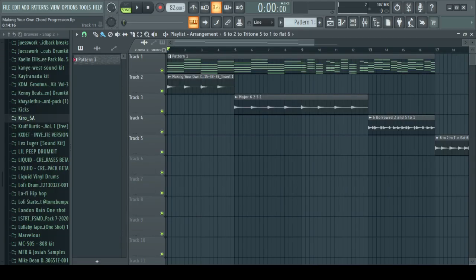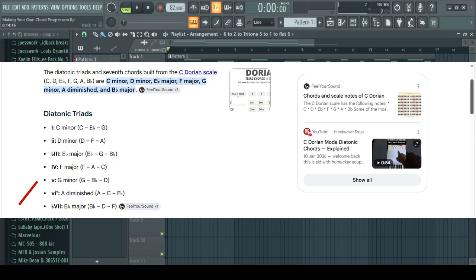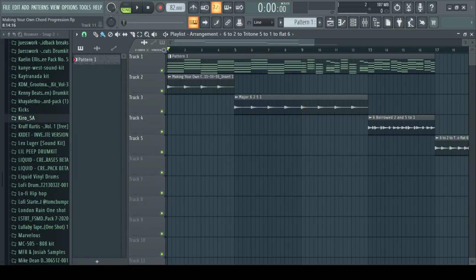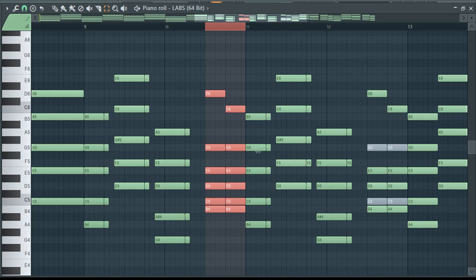I also borrowed the 5 chord from C Dorian, which is the minor 5 chord. And the 1 chord is still the 1 chord, but the difference now is I arranged the notes so that they make more sense. What I did was put the 7th down an octave and then get rid of the root note and the 5th. The chord progression now sounds like this.